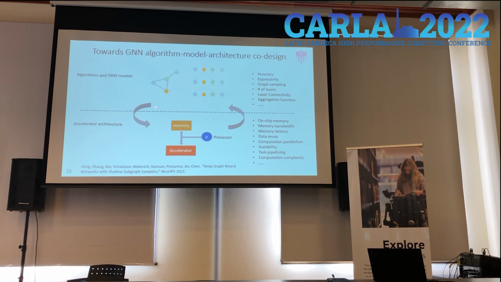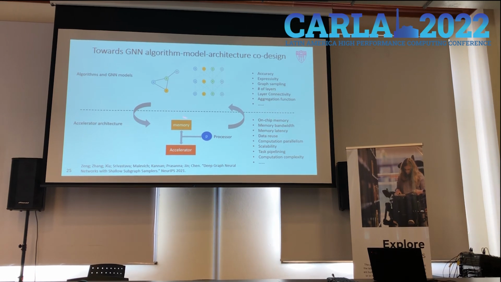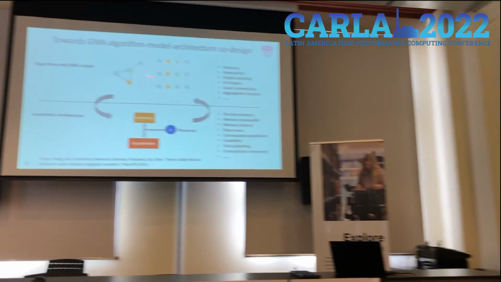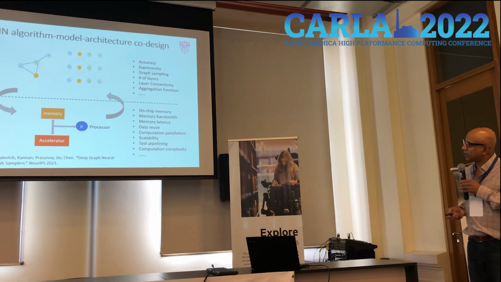And there is an emerging area of research trying to bring these two communities together and see, should we be defining these complex GNN models by understanding what is feasible to implement on these architectures. Similarly, how should the architecture evolve in terms of the requirements of this community.